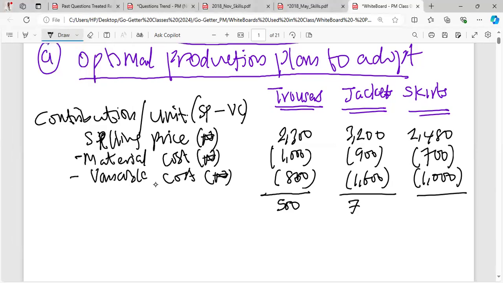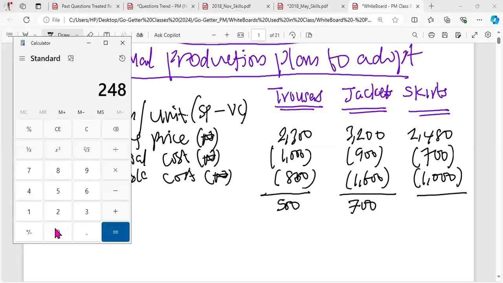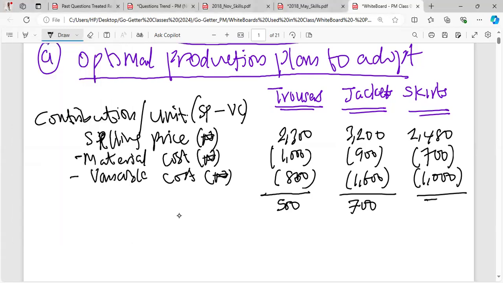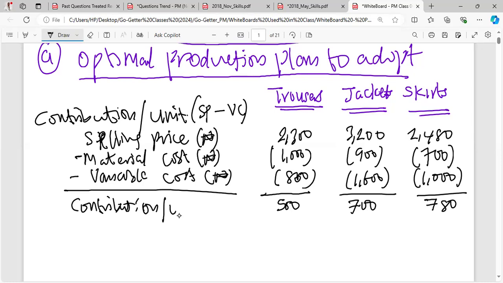And I'll put my 700 here. Then the last one, 2,480 minus 700 minus 1,000. And that will give me 780. So this is our contribution per unit.